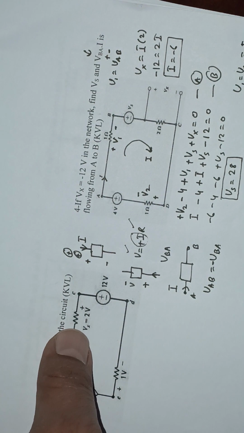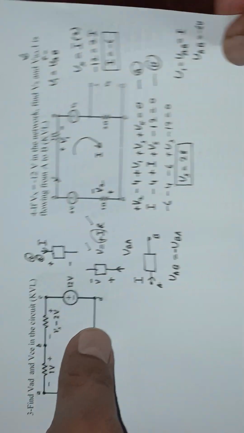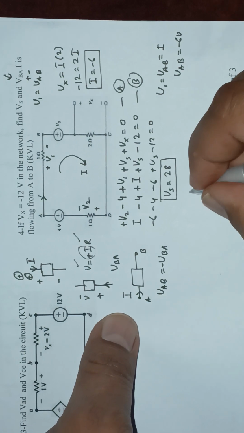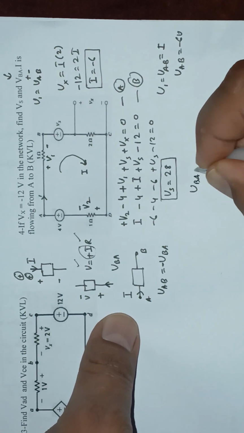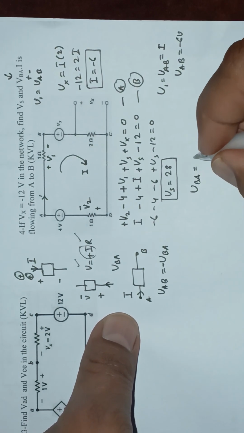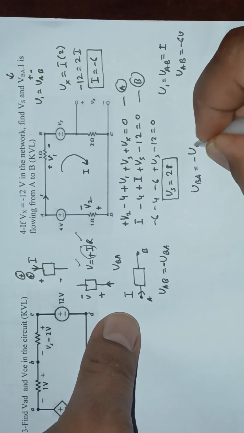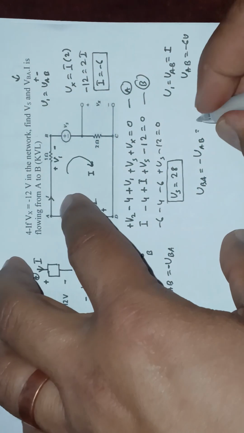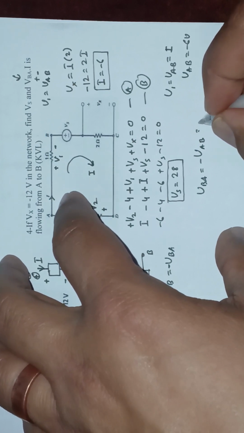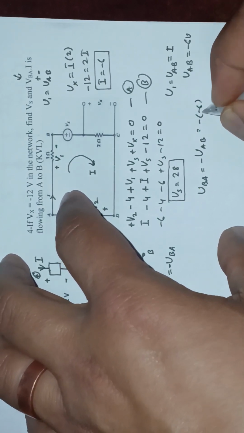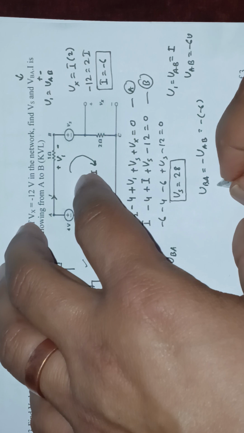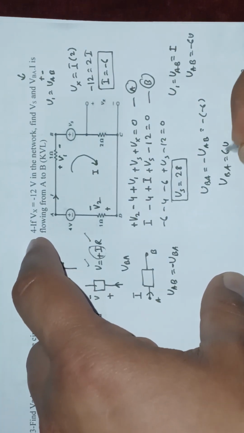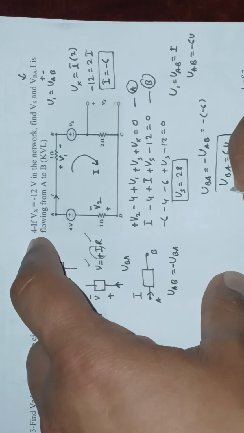Since VBA is the negative of VAB, VBA, which was actually our goal to find, is negative of -6, and negative of -6 is +6. So VBA is equal to 6 volts.